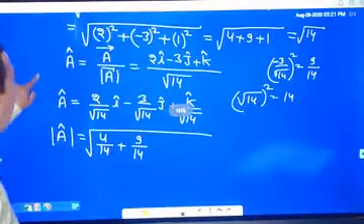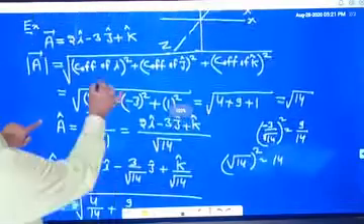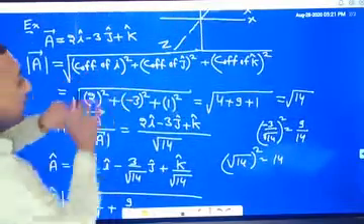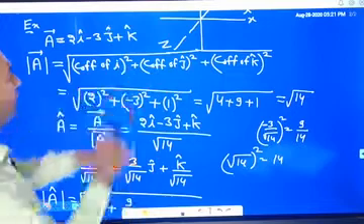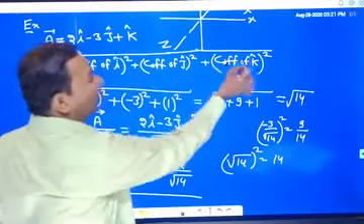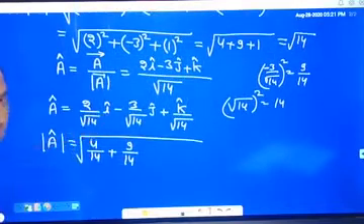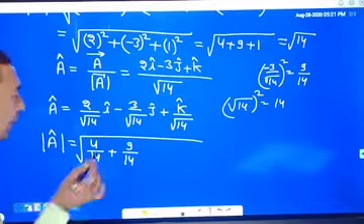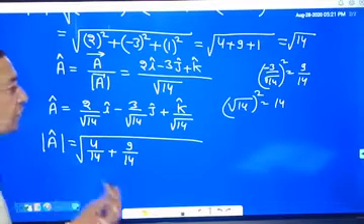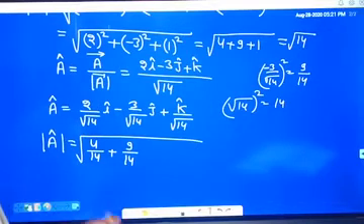Okay, we use this formula: square of the coefficient of i cap, square of the coefficient of j cap, and square of the coefficient of k cap. Now in this unit vector, the coefficient of i cap is 2 upon root 14, of j cap is minus 3 upon root 14, and of k cap is 1 upon root 14.